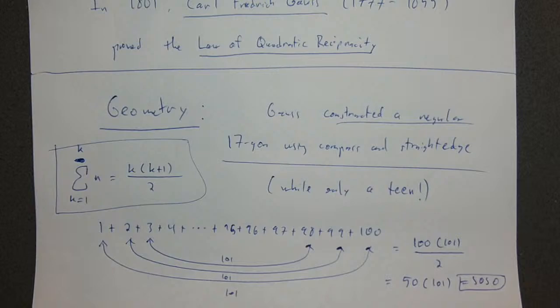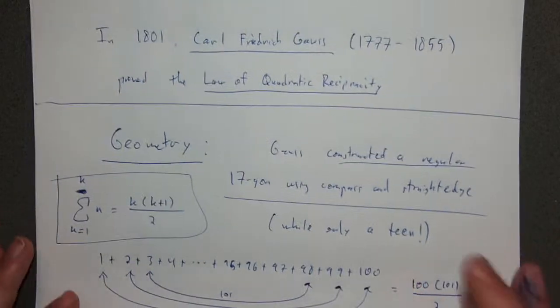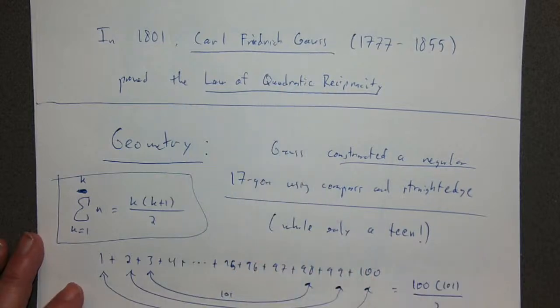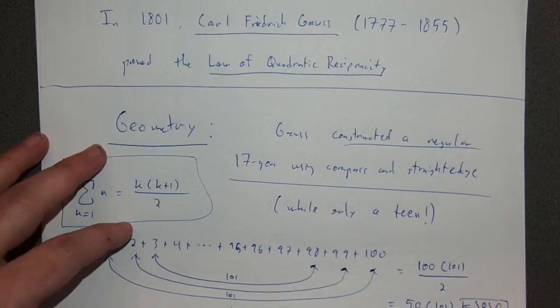Gauss had a ton of contributions, and I can't go through absolutely every single one of them. I mentioned he was the first to prove the law of quadratic reciprocity that we mentioned before. He did that in 1801.